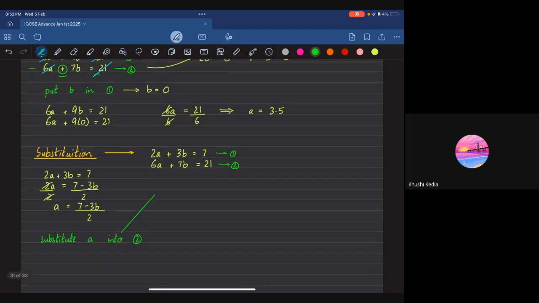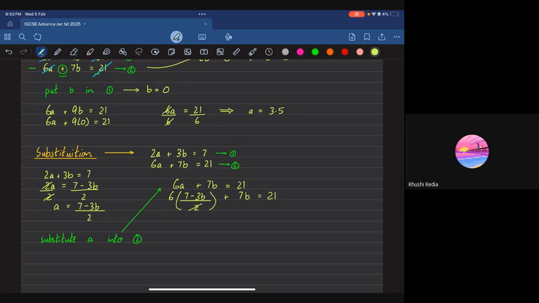And what is that going to do? Now you already know what sort of value of a you were getting. So it's 6a plus 7b is equal to 21. 6 times a, and the value of a is already 7 minus 3b over 2, plus 7b is equal to 21.